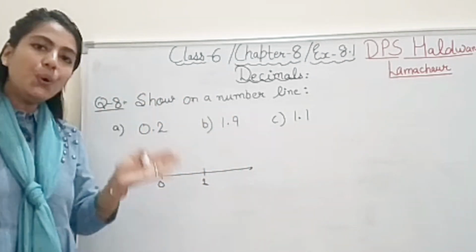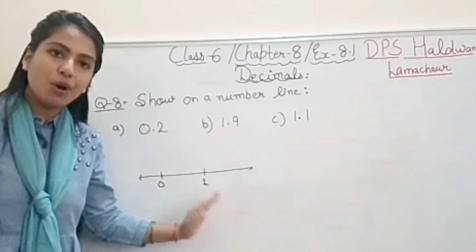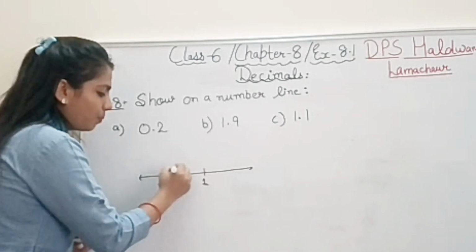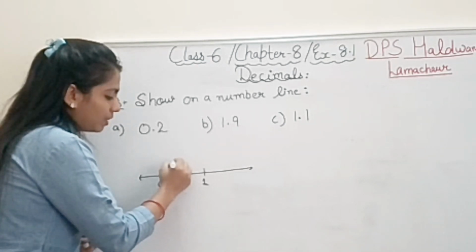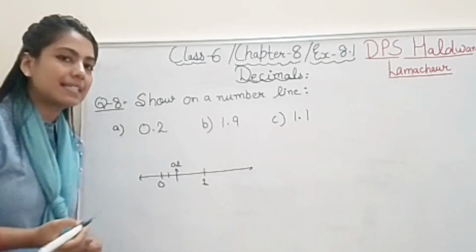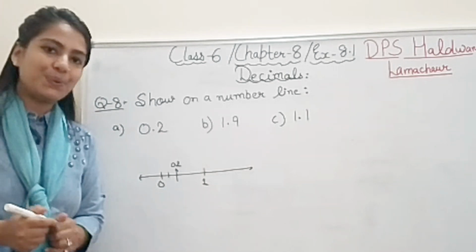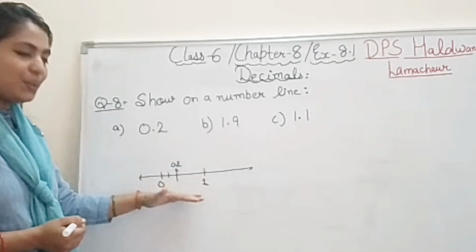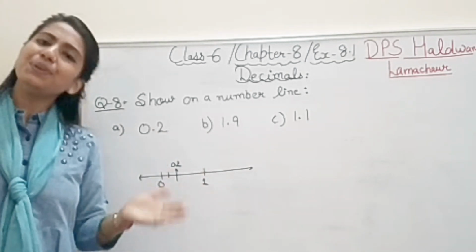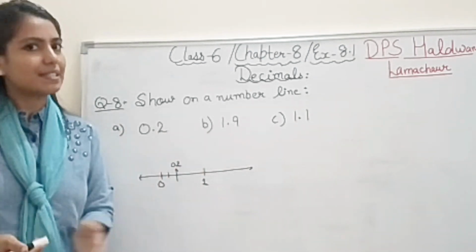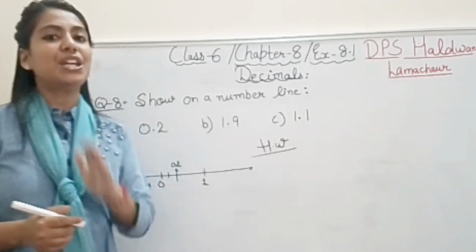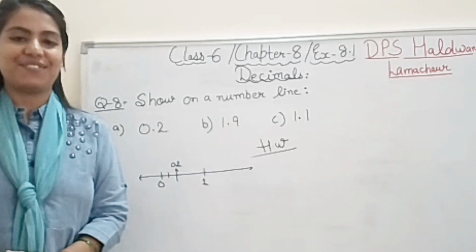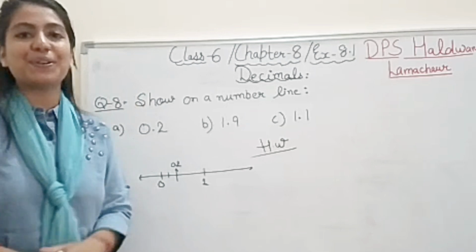In between which two whole numbers it lies is important, and where it lies, 0.1, 0.2. So here you will write 0.2. That's it, nothing else. Student, these questions you will do on your own. I have told you how to do them, which is very simple. I know you know, but still I have discussed it here. So you will solve this question by yourself. Right, student? This is all about question number 8.